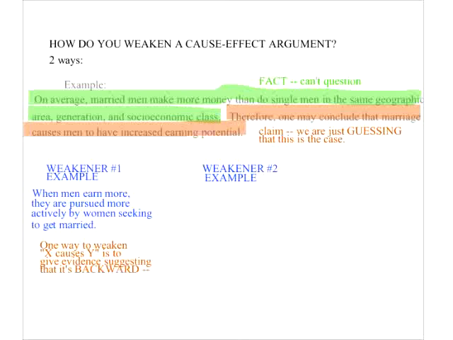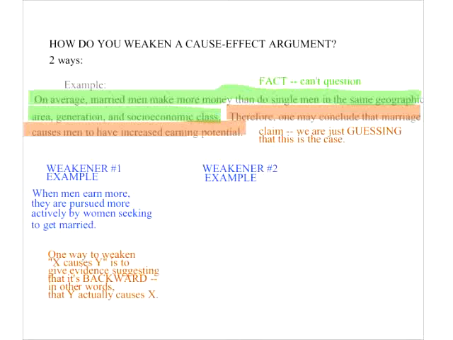In other words, that Y actually causes X. So in this case, instead of saying that marriage makes men earn more, we're saying that earning more makes men more likely to get married. So that's one kind of weakener.